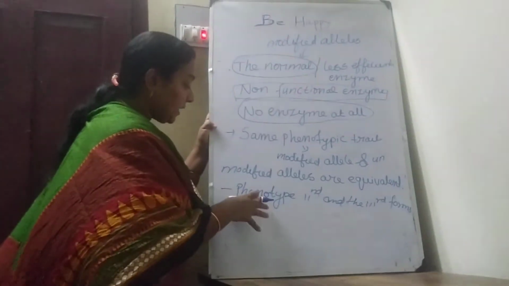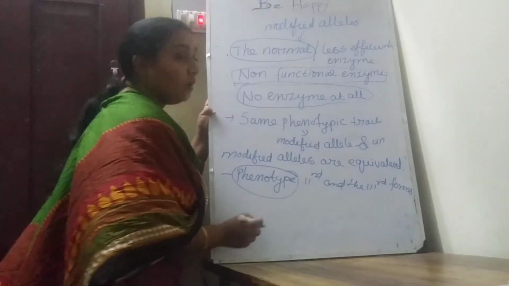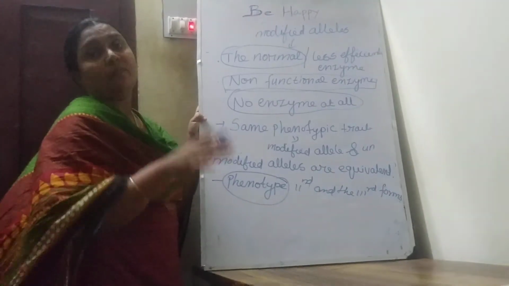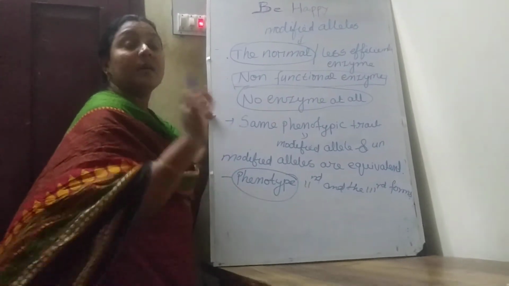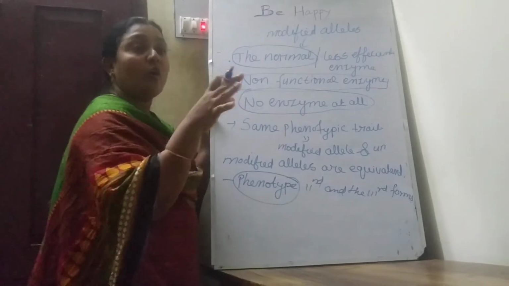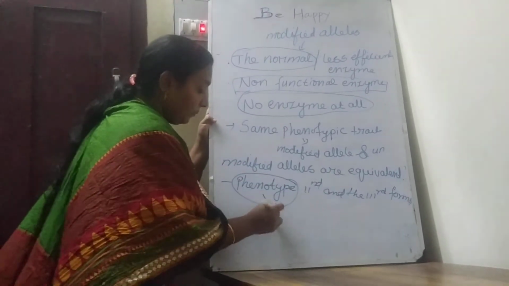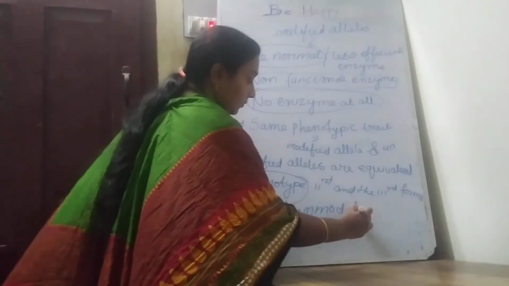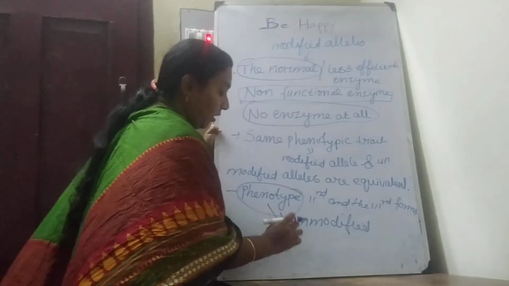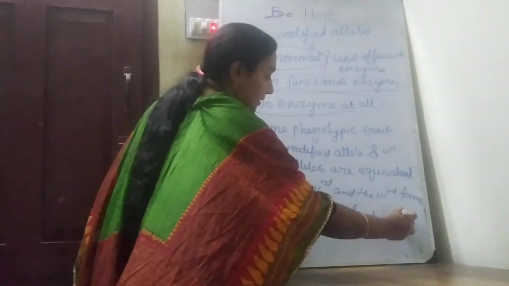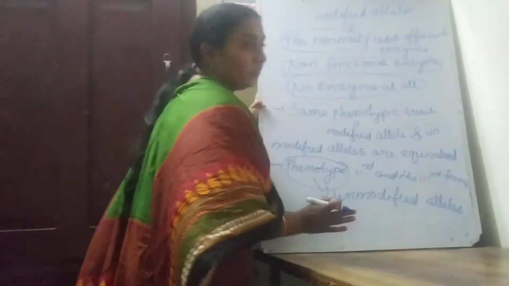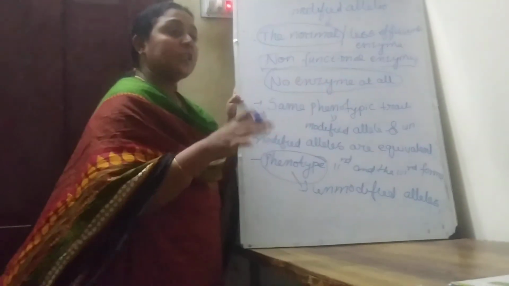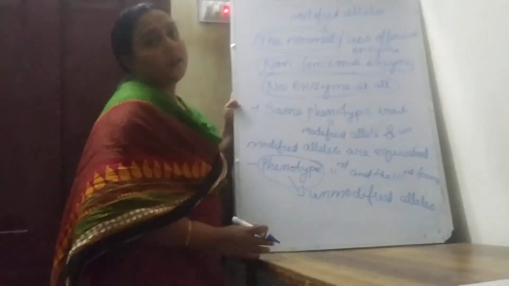The phenotype, isn't it, is dependent on the functioning of the unmodified allele. The unmodified allele represents the original phenotype of the dominant character.